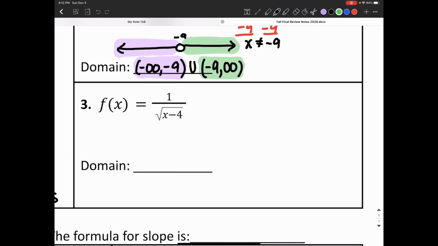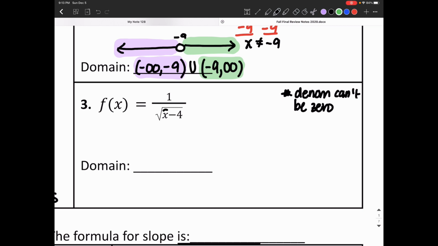Right. For number 3, I have f of x is equal to 1 over the square root of x minus 4. Just like the last example, this is a fraction, and I have a variable in the denominator. So one restriction that I need to keep in mind is that the denominator can't be 0.